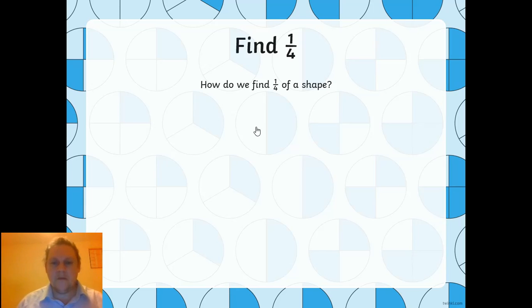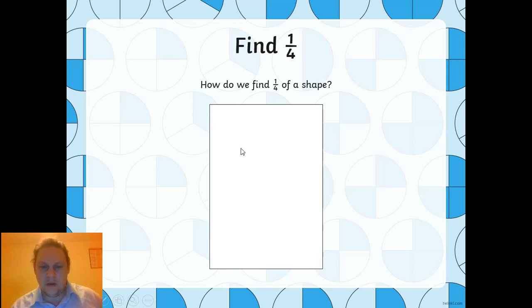Okay, so for the plenary, we're going to look at finding quarters. How do we find a quarter of a shape? Right, so here's a shape. What we've done is we've divided it in half. Okay, so we're going to show you here how we can make quarters. Now, to get quarters, we need 4 equal parts. How could we make 4 equal parts out of these 2 halves?